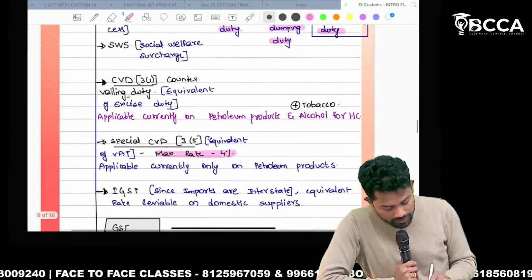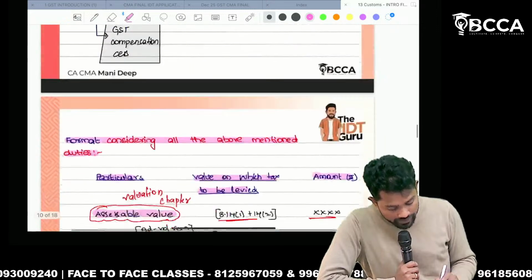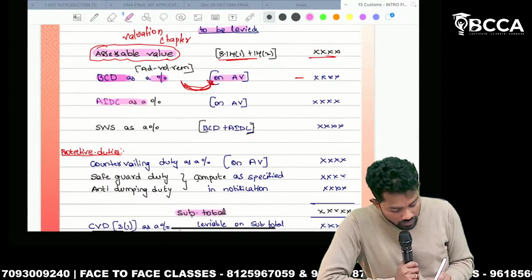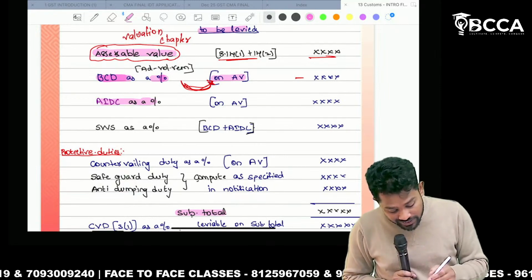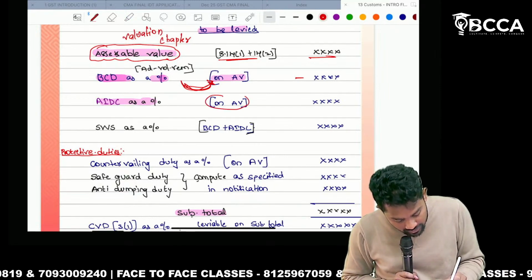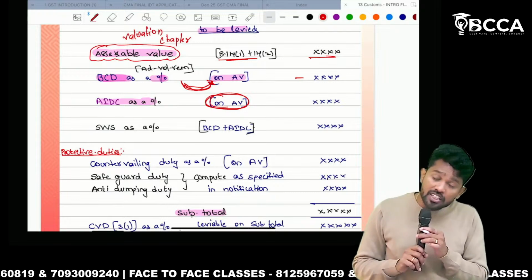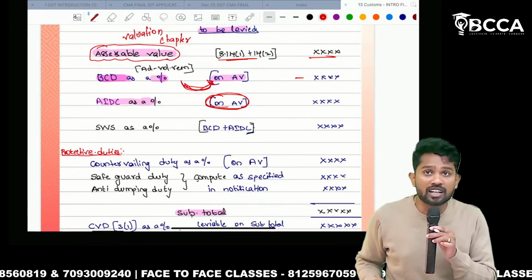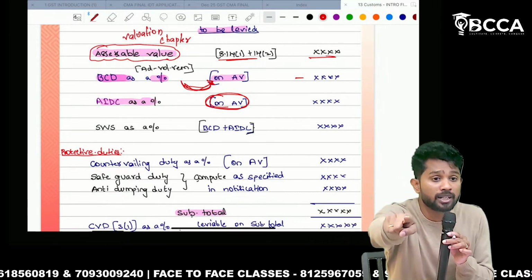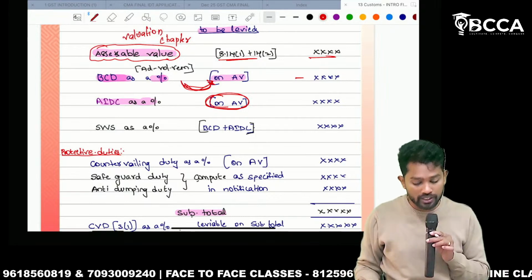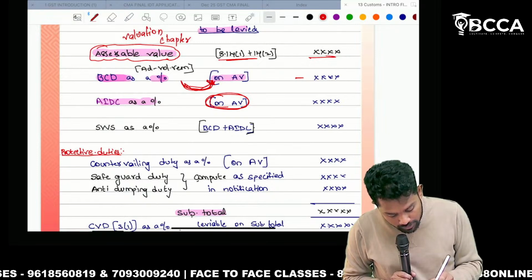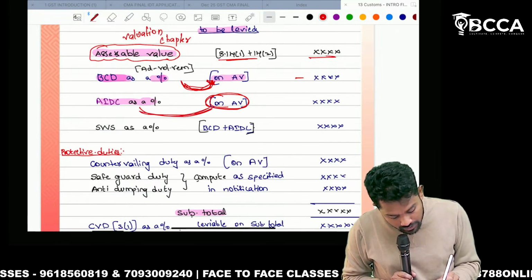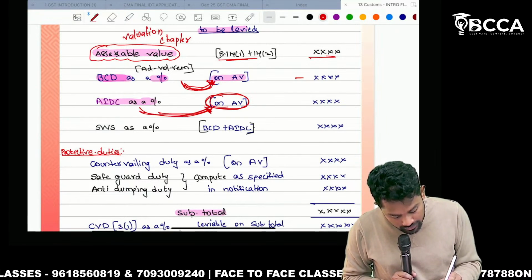If at all AIDC is applicable, that also will be levied as a percentage only, and this AIDC also has to be levied on assessable value only. BCD as a percentage is leviable on assessable value. AIDC as a percentage is leviable on assessable value.